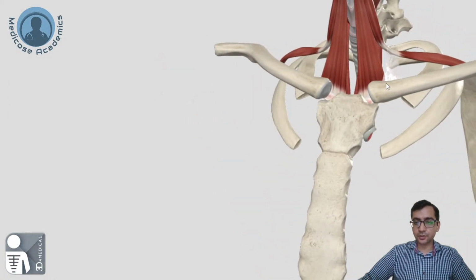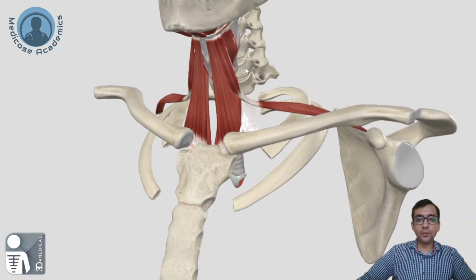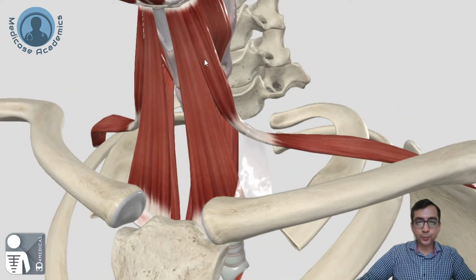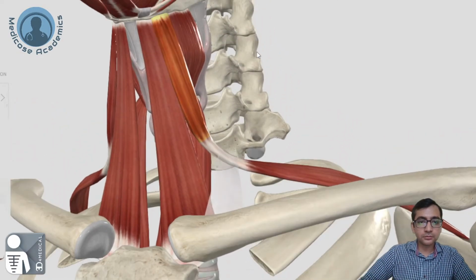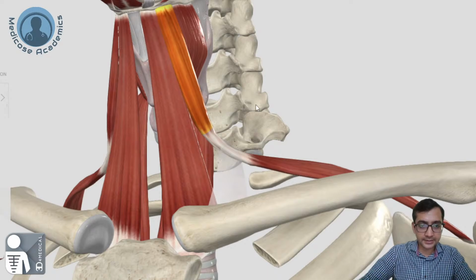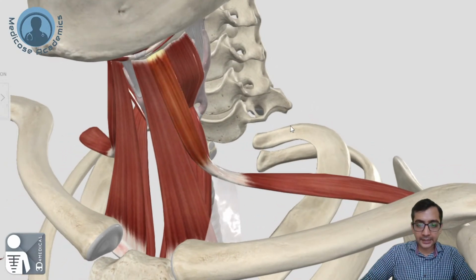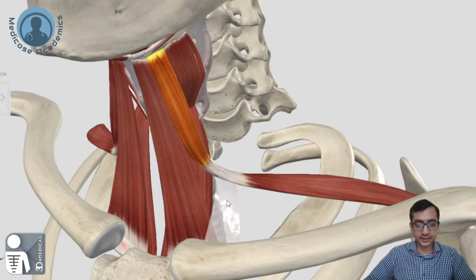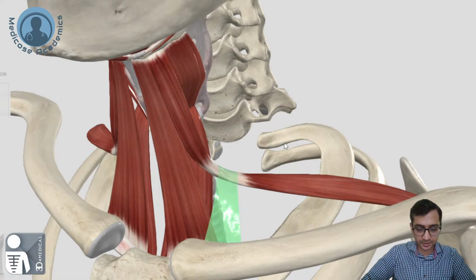So what are the insertions and origins of omohyoid? Omohyoid, its superior belly arises from the hyoid bone like this, and it has again the two bellies, and in between the two bellies there is again the sling, just like there was of the digastric.